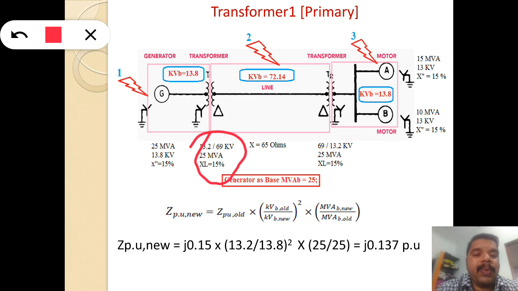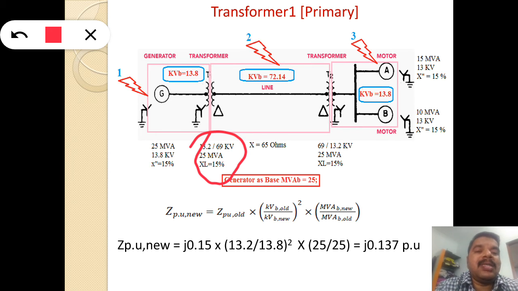Since it is given in per unit value, we choose the same formula. Z per unit new is equivalent to Z per unit old into kVb old divided by kVb new, the whole squared, into MVAb new divided by MVAb old. What is the reactance value given? 15%, that is j 0.15, into kVb old divided by kVb new, the whole squared. For this problem, I have chosen the transformer T1 primary.